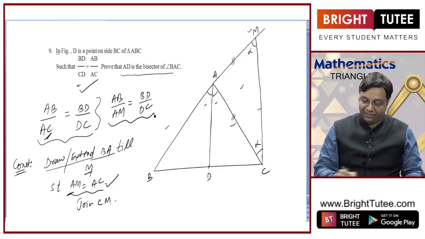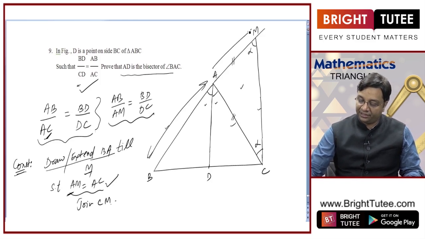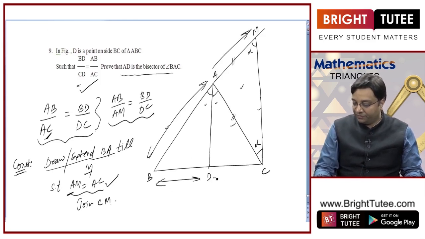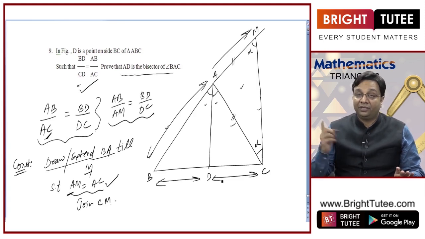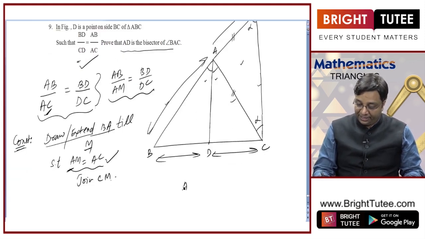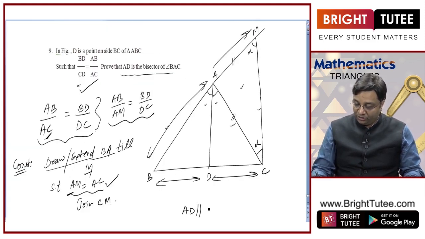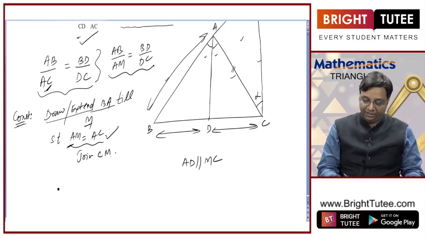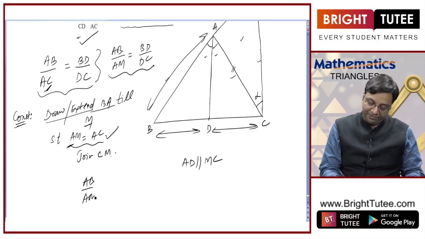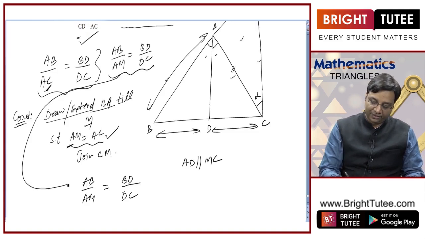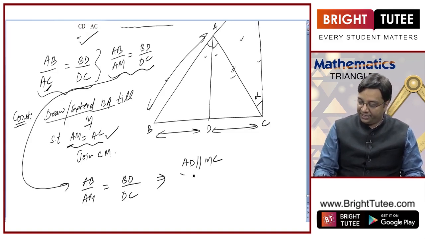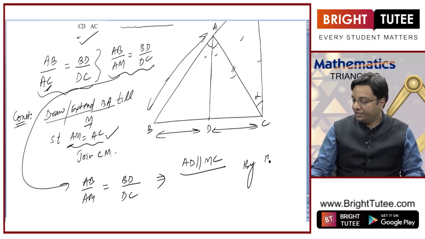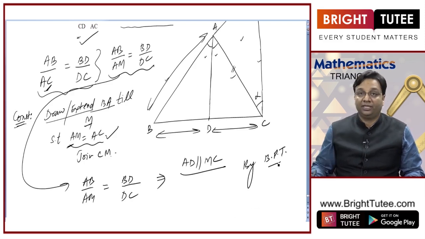So if I say this, AB by AM, that is this segment by this segment, is equal to this segment by this segment, then by converse of BPT, can I say AD is parallel to MC? Yes. So AB by AM is equal to BD by DC, right? Hence AD is parallel to MC by converse of basic proportionality theorem.